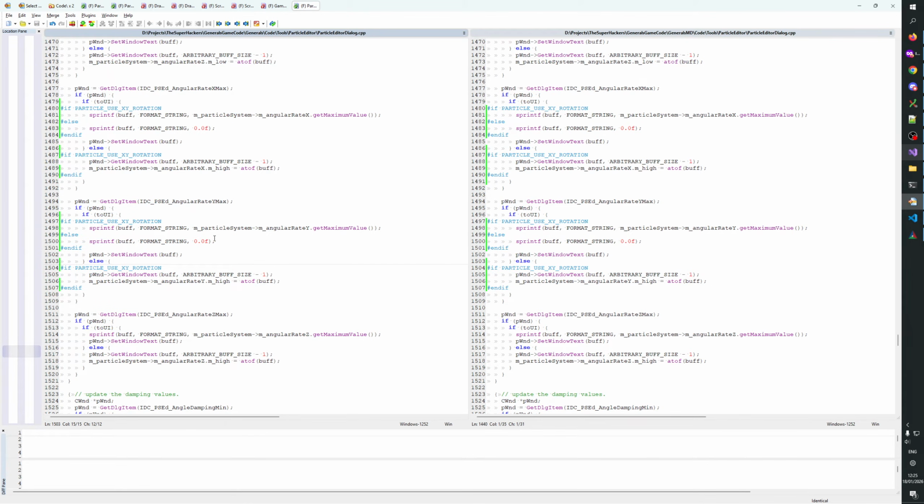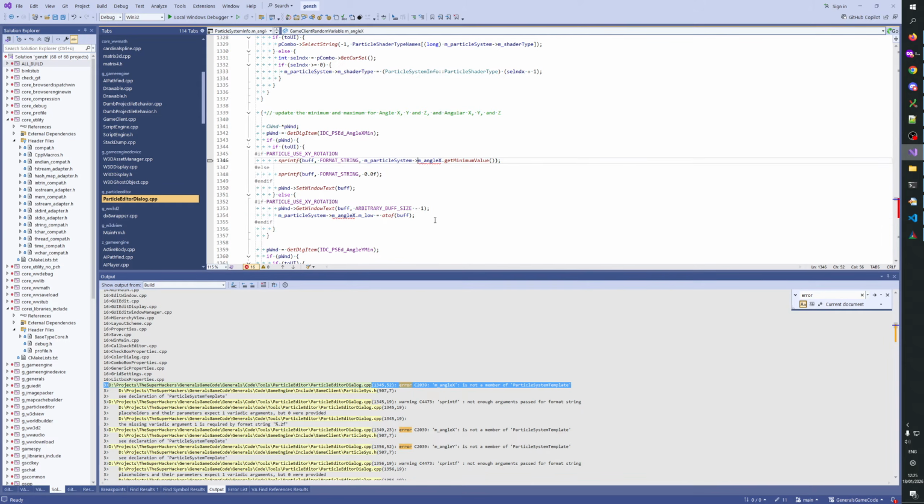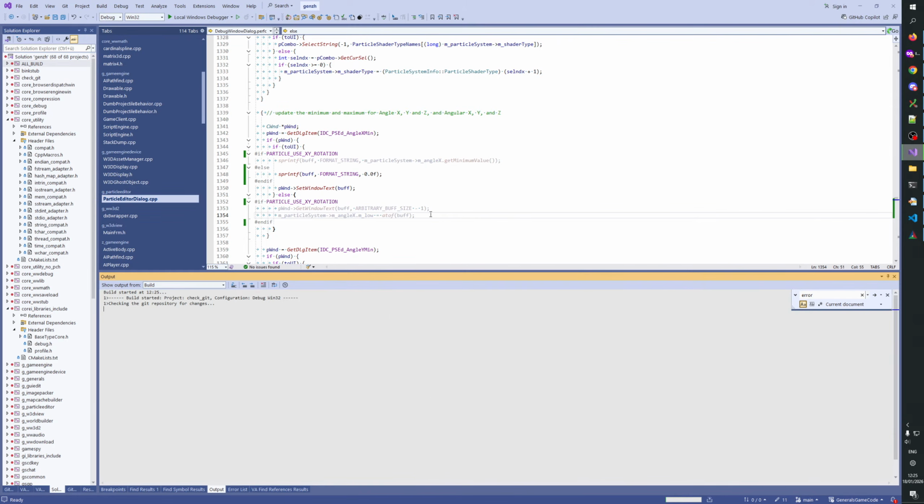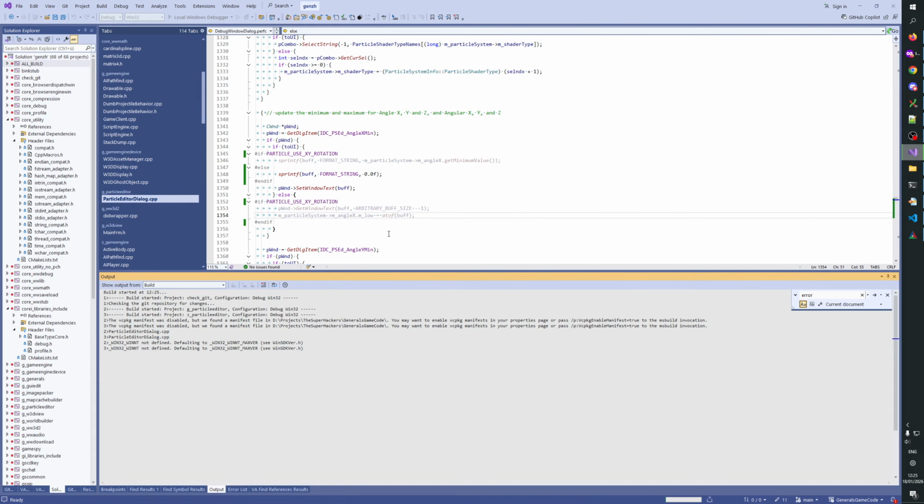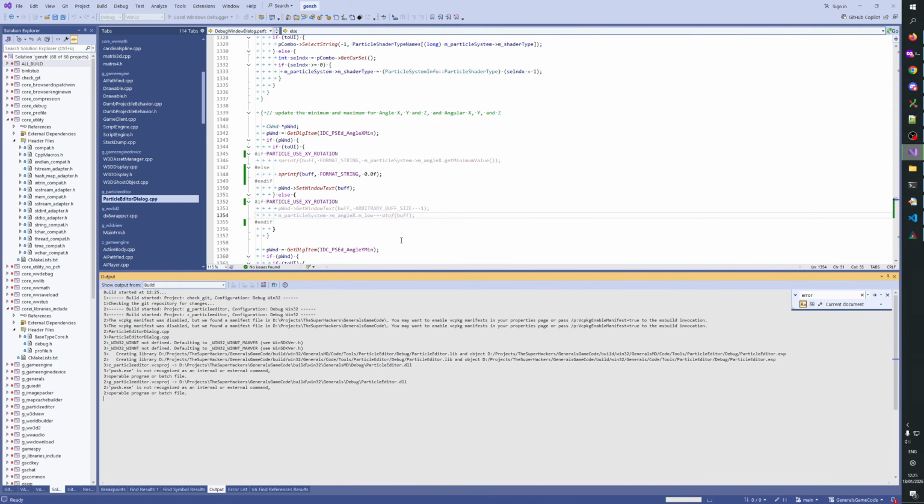Then let's see if that compiles. That compiles.